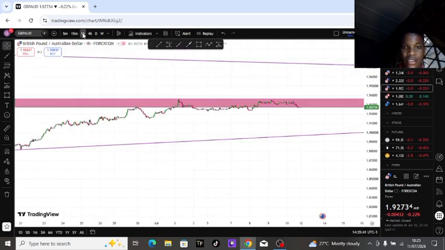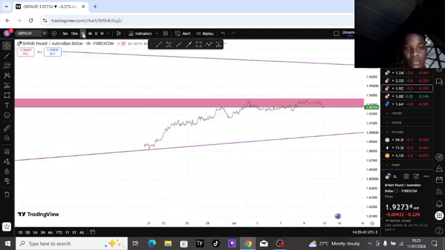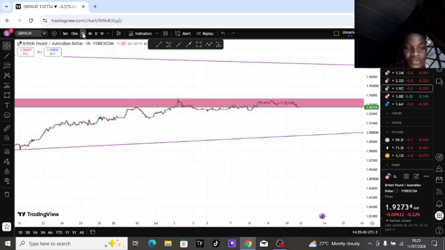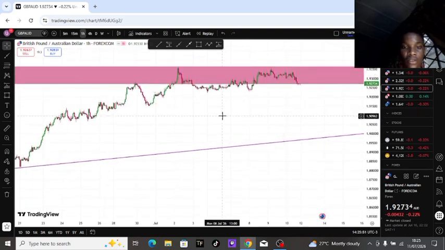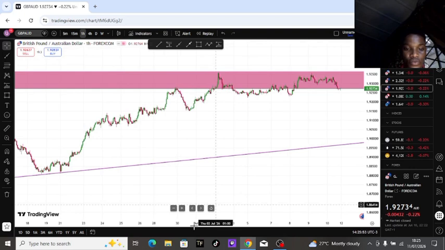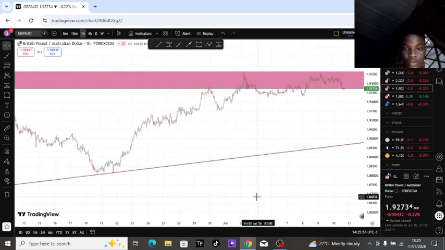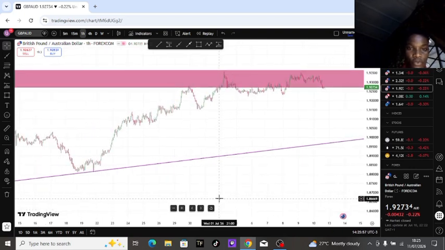Okay, let's go to our 1 hour time frame. What do we have on our 1 hour time frame? Sometimes I can't believe that I'm doing this stuff. That's why I keep on learning as a beginner trader, because it's not usually easy.